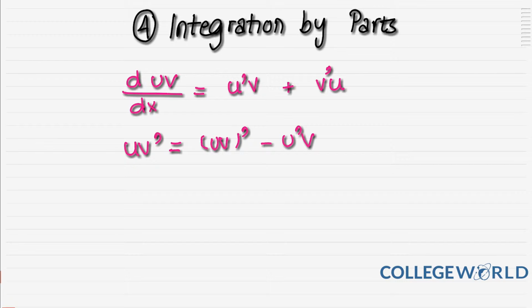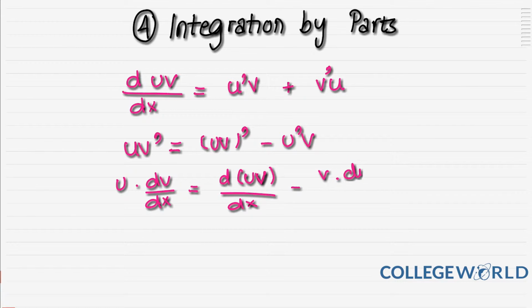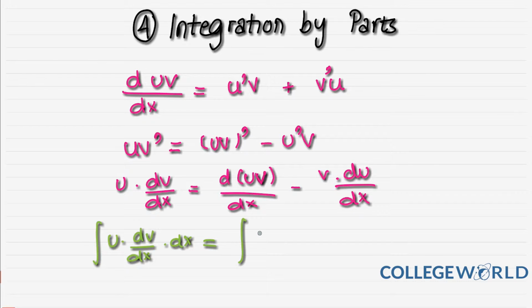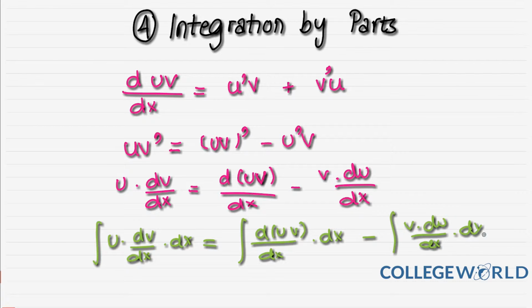And if you want to write it in forms of dv/dx and such, it's u dv/dx equals d(uv)/dx minus v du/dx. Now if I wanted to multiply by the integral, because you can do that to any formula, it's going to be u dv/dx equals d(uv)/dx dx minus v du/dx dx.